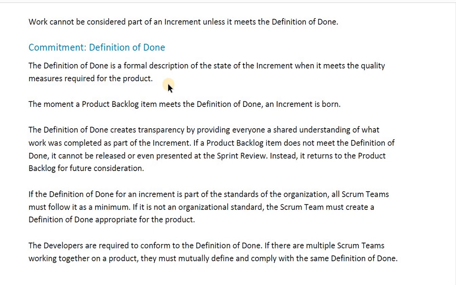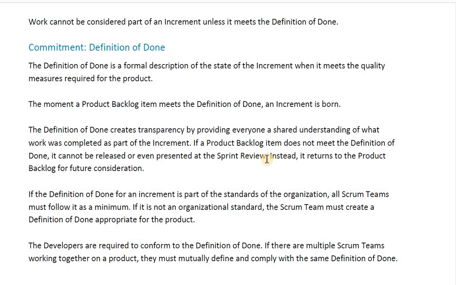The definition of done creates transparency by providing everyone a shared understanding of what was completed as part of the increment. If a product backlog item does not meet the definition of done, it cannot be released or even presented at the sprint review meeting.